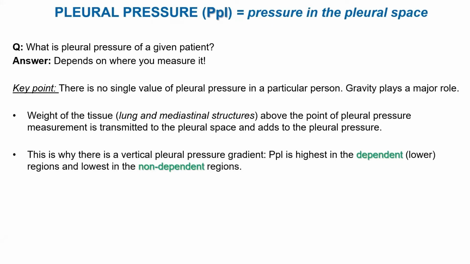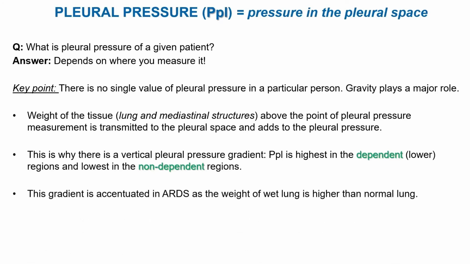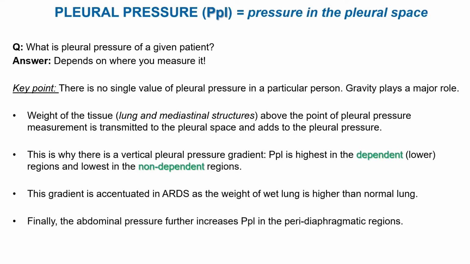So this is why there's a vertical pressure gradient. The pleural pressure is the highest in the dependent, which means lower, regions, and the lowest in the non-dependent regions. This is purely because of the effect of gravity. And this gradient is accentuated in ARDS.